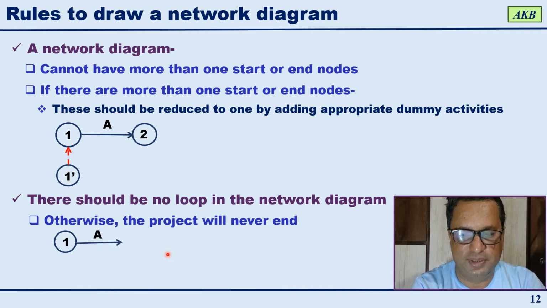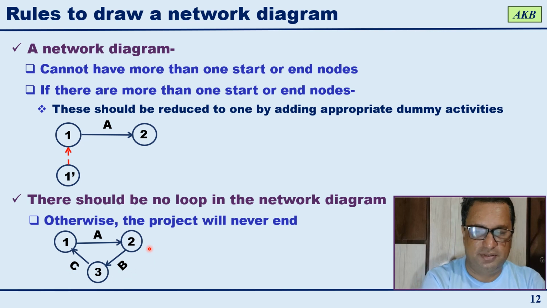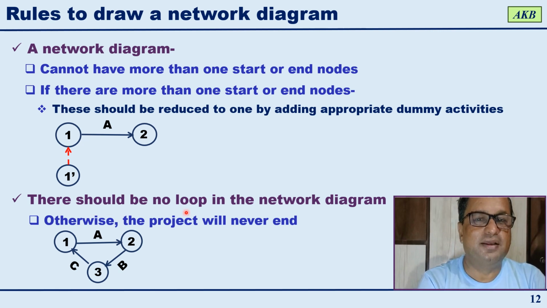For example, activity A starts at event 1 and ends at event 2, activity B starts at event 2 and ends at event 3, and activity C starts at event 3 and ends at 1. So in this simple network diagram you have a loop, and if you have a loop, the project will never end. That's why care is to be taken: there should be no loop in the network diagram.